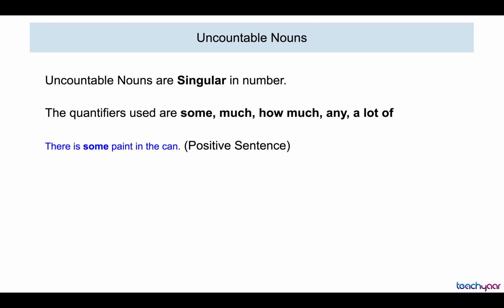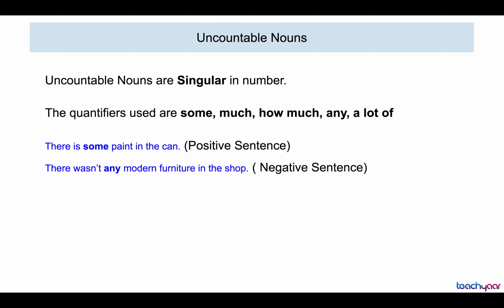There is some paint in the can. This is a positive sentence. When you say paint, you can't count paint, so you are just saying some paint. Some is a word which can be used with uncountables as well as countables. Here we have used this in the case of an uncountable.